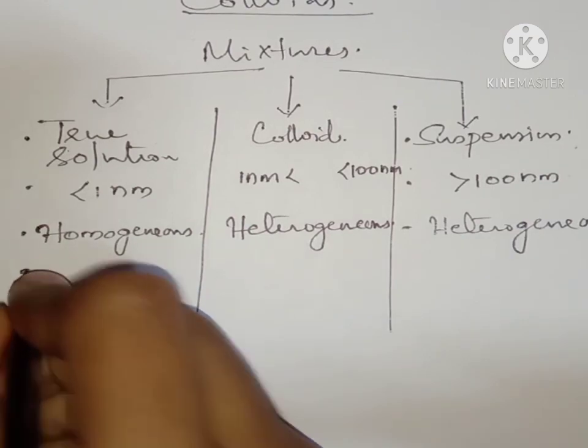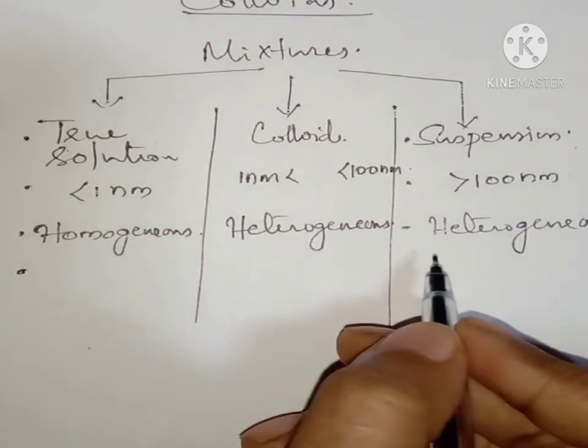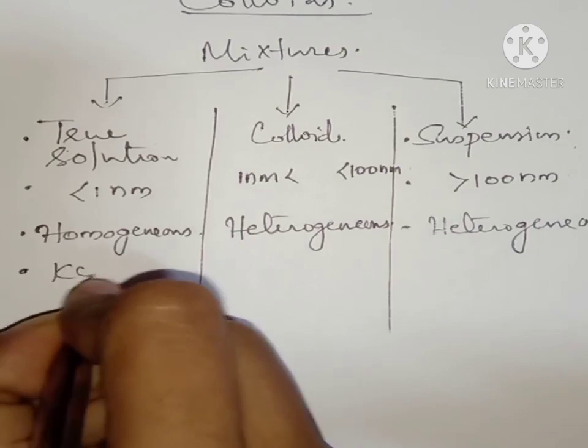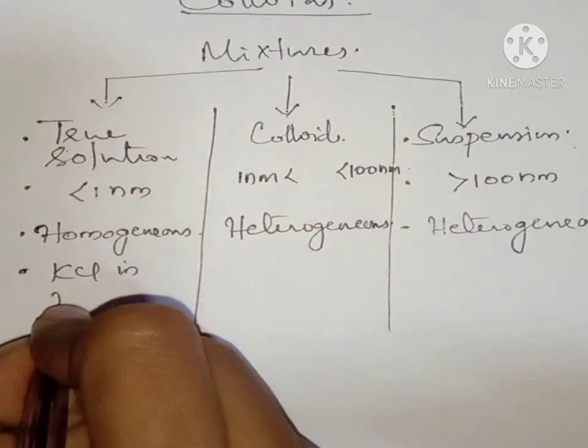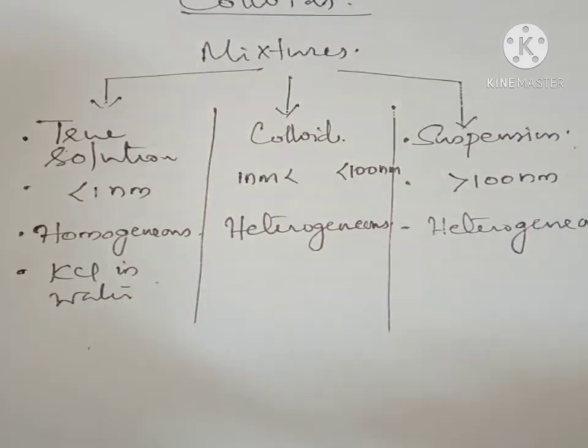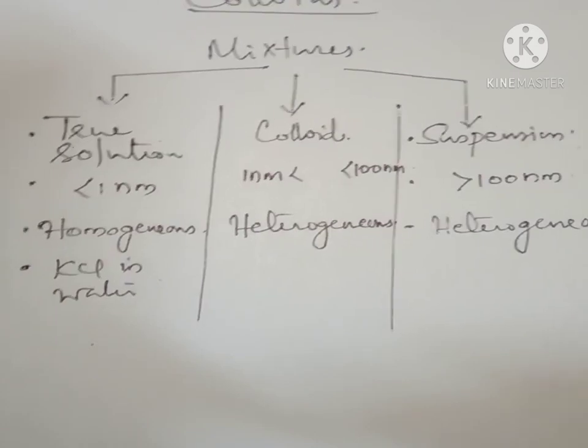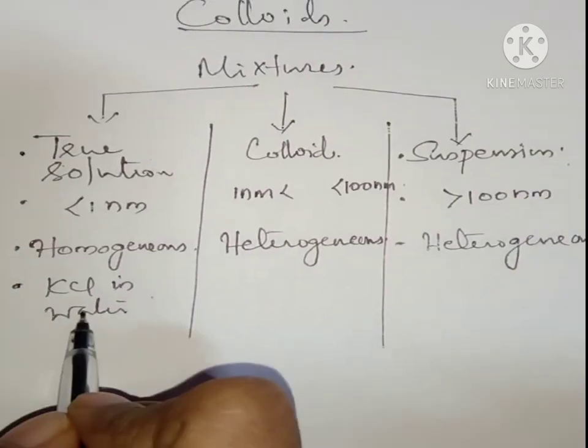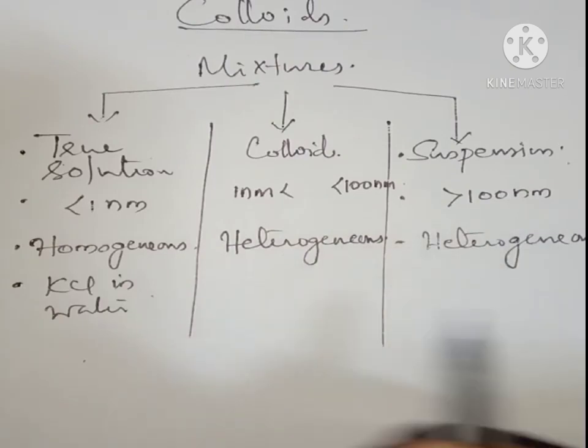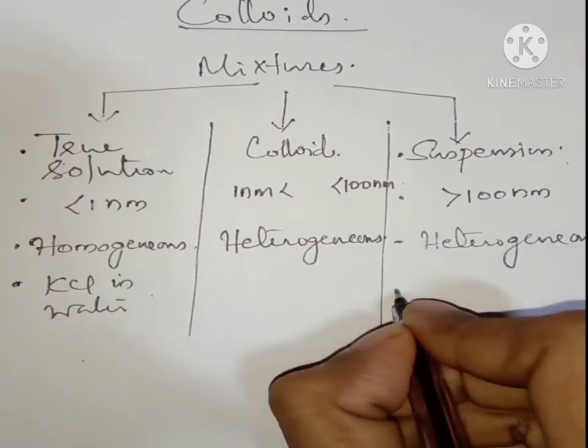So, if we mention one example for each, you can say KCl in water is an example of true solution. So many other examples are there, but I am mentioning only one for each type.